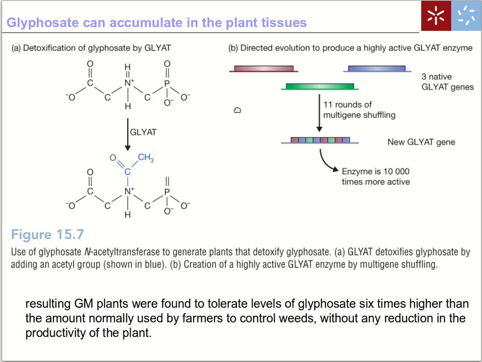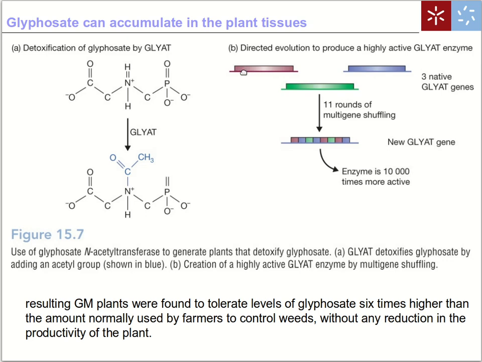A problem here was that the enzyme was not very active, but a very interesting technique was used in order to isolate highly active GLIAT enzymes. Three different GLIAT genes from different organisms were cut into pieces and shuffled together by PCR.